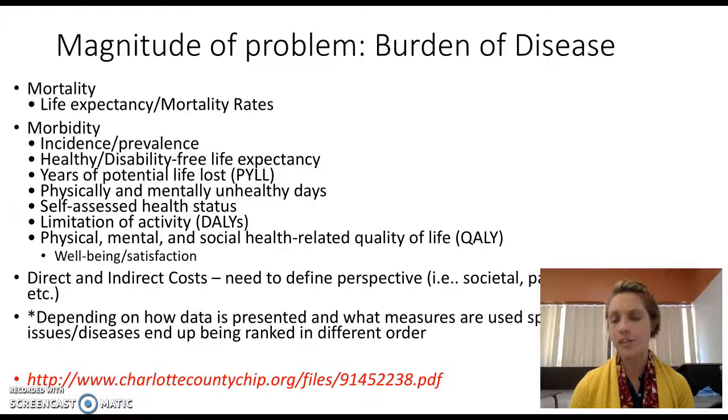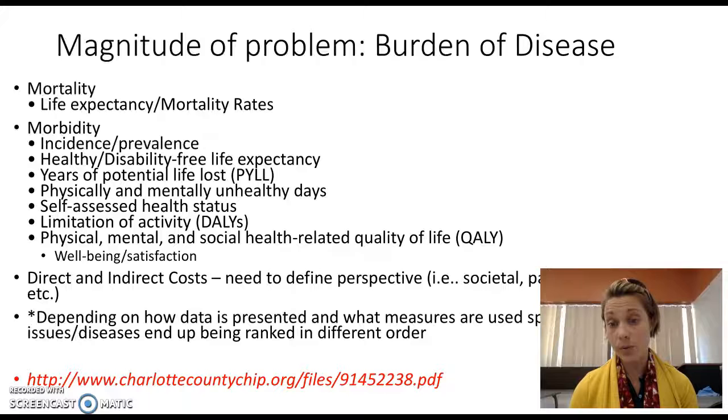You can think about years of potential life lost, or PYLL, physically and mentally unhealthy days, so how many days you miss work, things like that, self-assessed health status, limitation of daily activities, or physical, mental, and social health-related quality of life, including well-being and satisfaction. So there are lots of different ways we can think about the effects that your wicked problem has on morbidity.